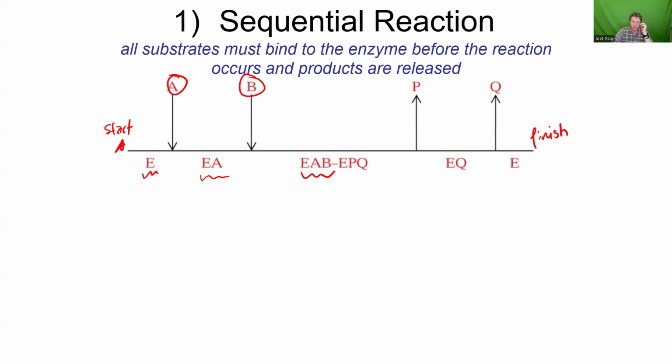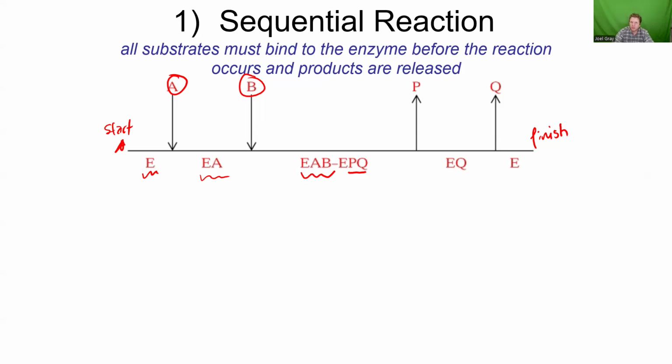So this is a bisubstrate reaction. Both substrates are bound, and now you can generate your products. Now your products, P and Q, are going to be generated and released in a specific sequence. One thing that people have been curious about is, does A become P, or does A become Q?